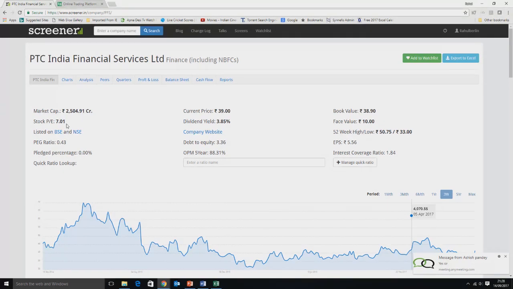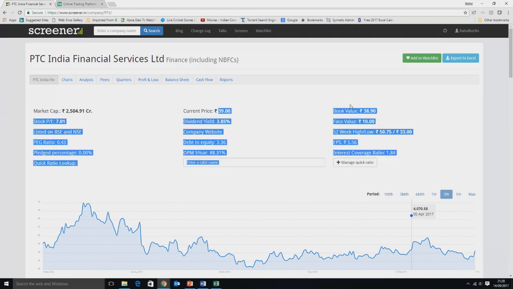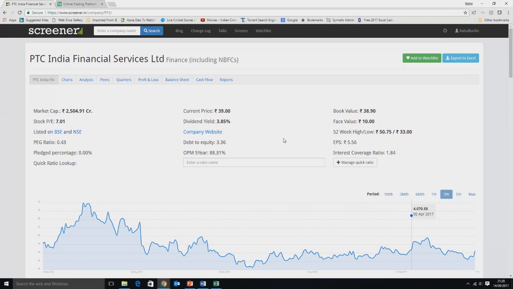So people are expecting 7% growth from this stock. PEG ratio is good, 0.43. And debt to equity is a bit on a higher side. It's actually quite high. That explains why the book value and the current price are the same. And the interest coverage ratio is also less than 3, right?